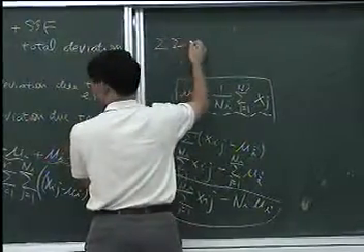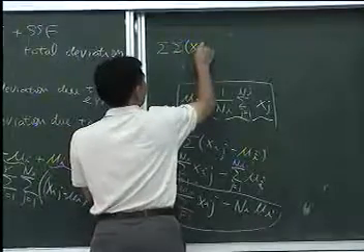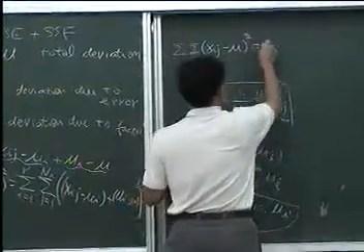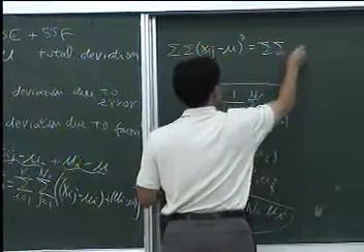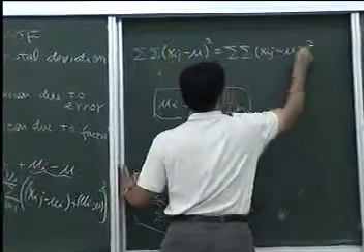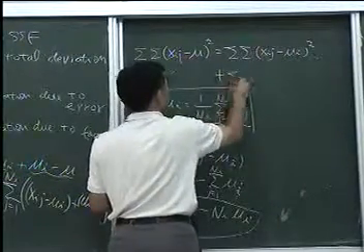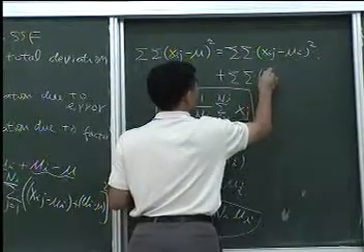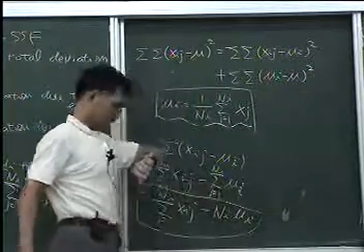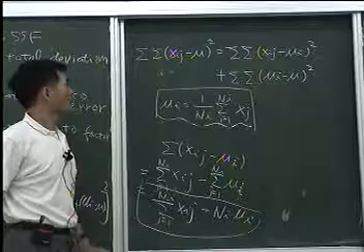Summation Xij minus mu square is equal to summation Xij minus mu I square plus summation mu I minus mu square. Okay?